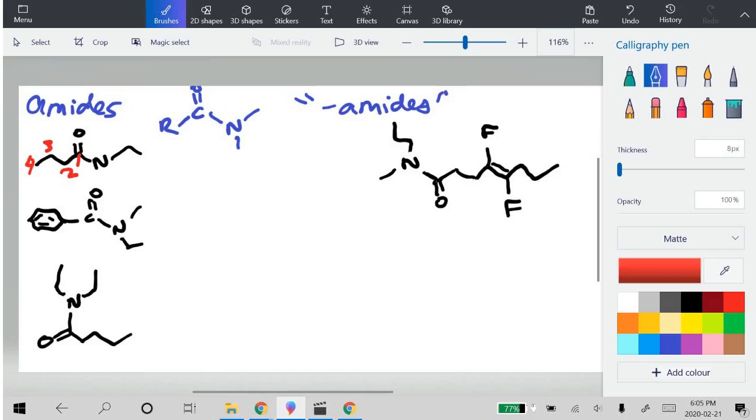So that's my backbone, a 4-carbon bute, single bonds all on that backbone, so an and then amide. And then I number the side chain as this N-ethyl.